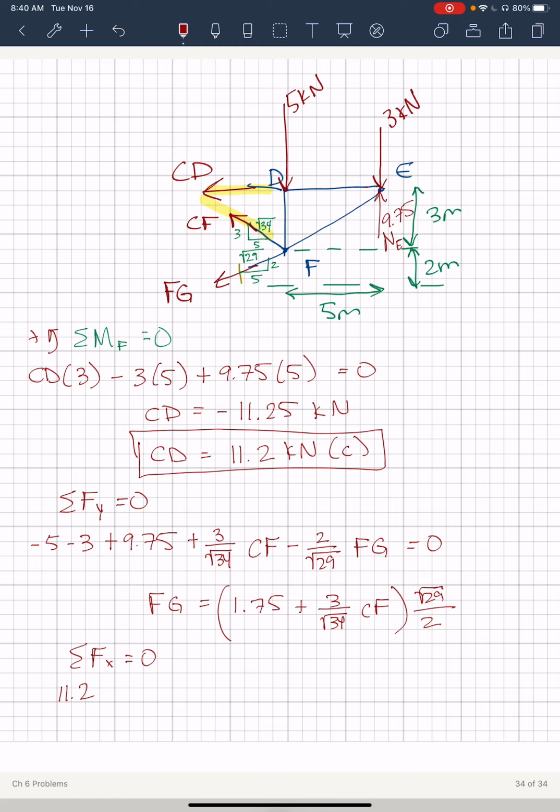And then we get minus that X component of CF, so 5 over the square root of 34 CF, minus that X component of FG, which would be 5 over the square root of 29 times FG equals 0.